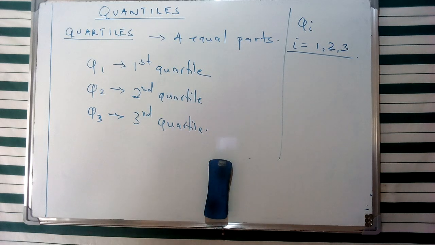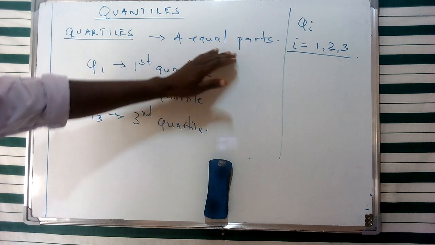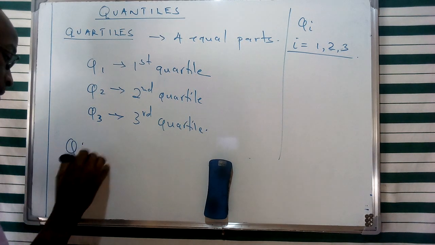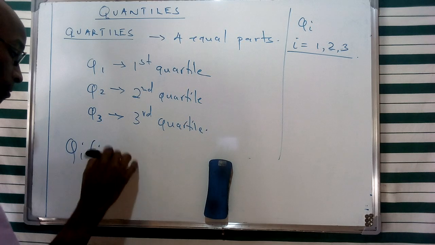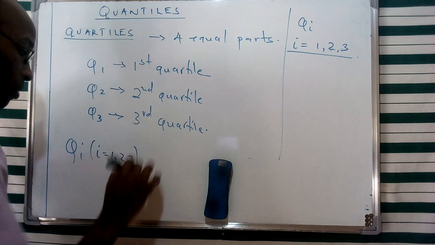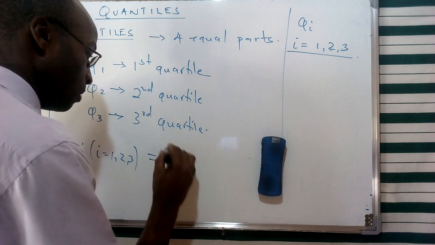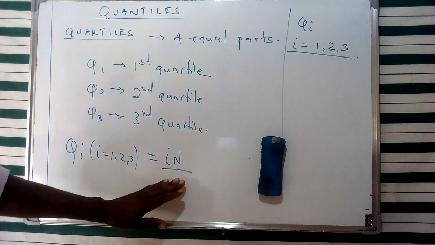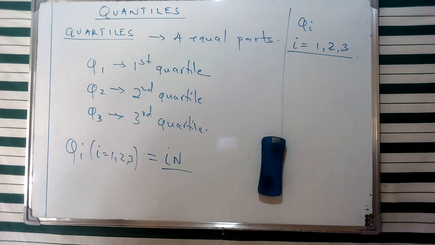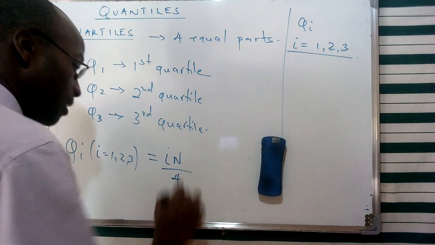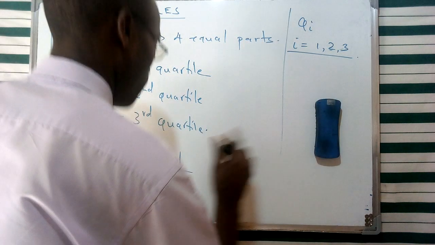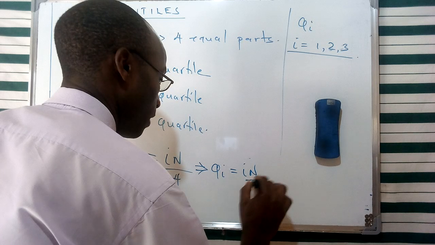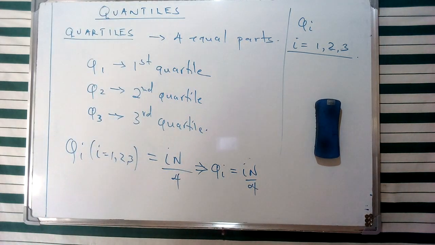As we said, a quartile divides a specific set of data into four equal parts, so we can represent the ith quartile, where i takes the values of the first, second, and third quartile, as the ratio of the product of the number of observations, n, and i, divided by 4. So the ith quartile is given as i times n over 4.